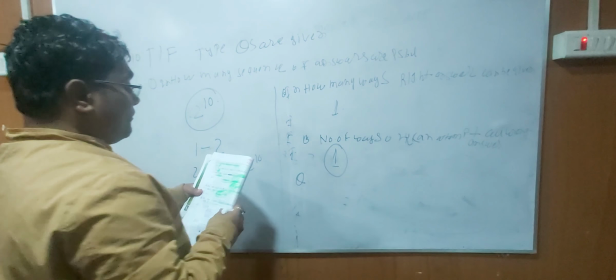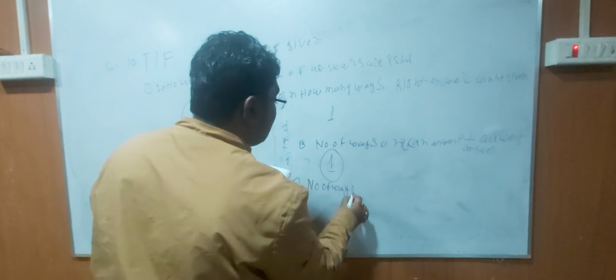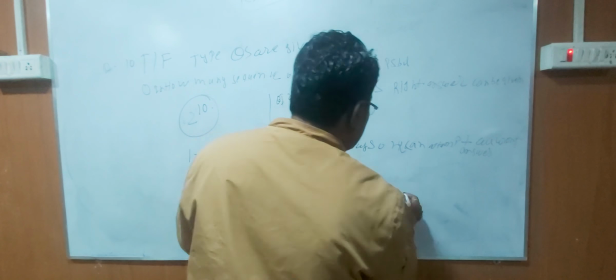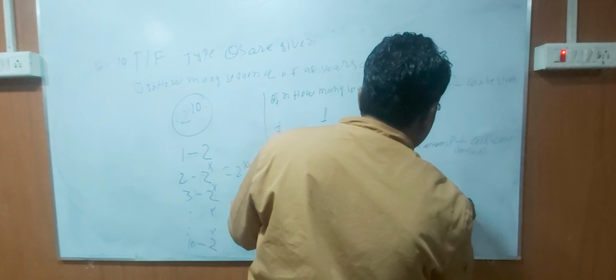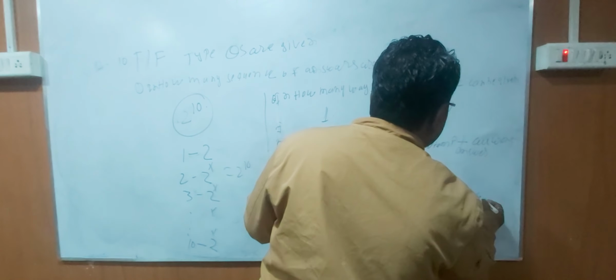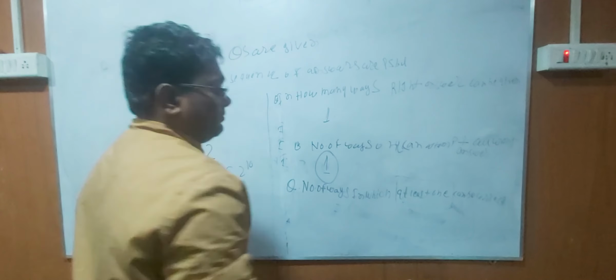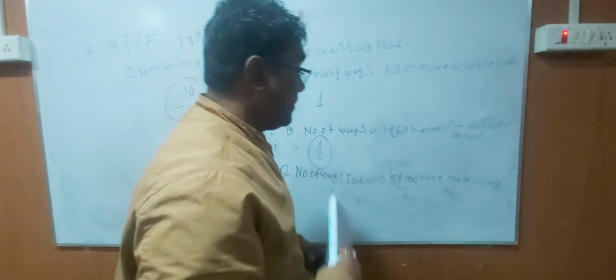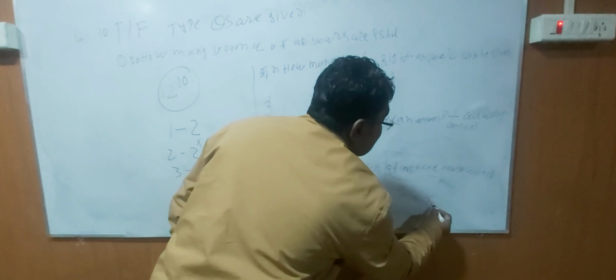And the next question is number of ways in which at least one can be correct. At least one. Whenever at least comes, you have to understand, at least one means total minus none.